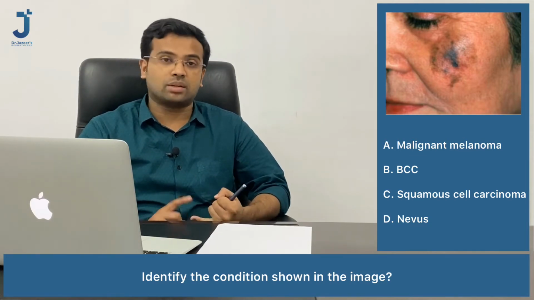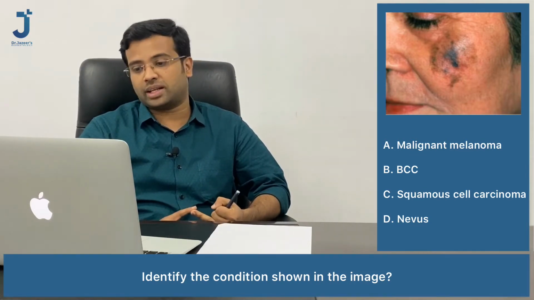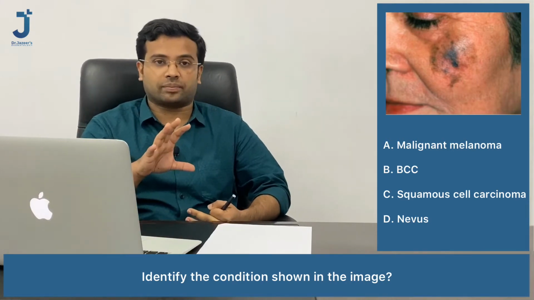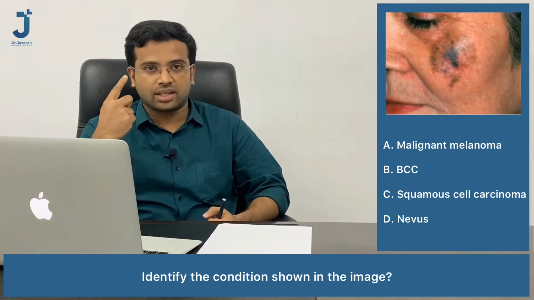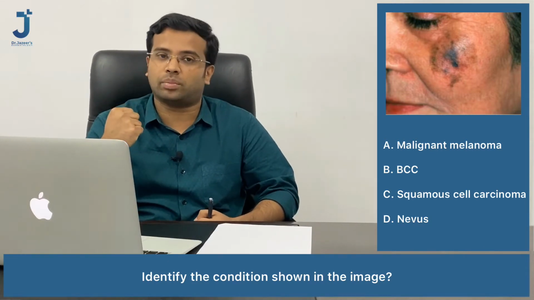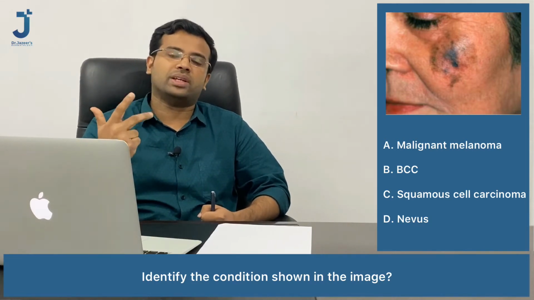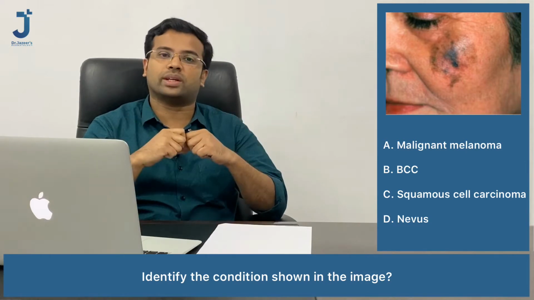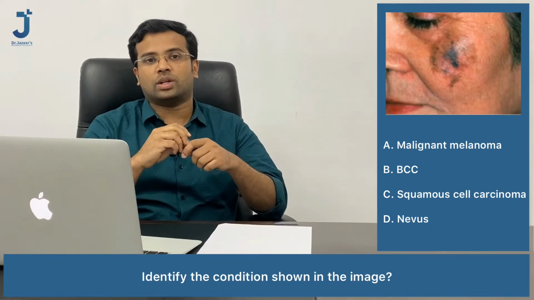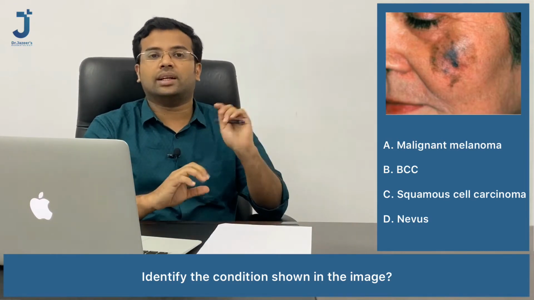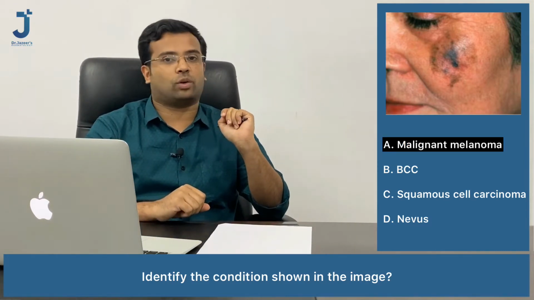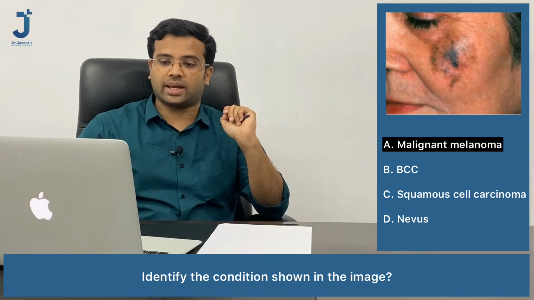There is an asymmetry, border irregularity, and a difference in color. You can see the center of the lesion is black, whereas the outer part is lighter in pigmentation. So A, B, C, and the diameter is also increasing, it is more than 6 mm. Based on the ABCDE algorithm, the most likely diagnosis would be malignant melanoma. So that is option A.